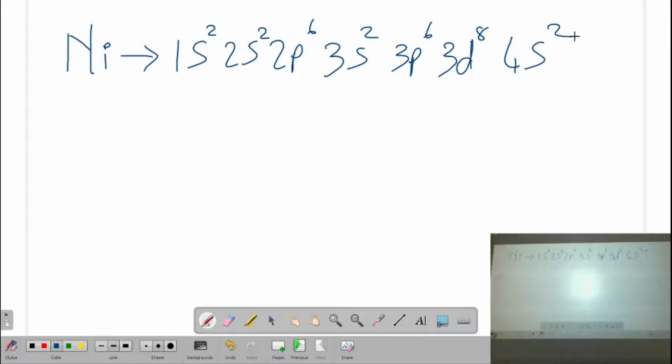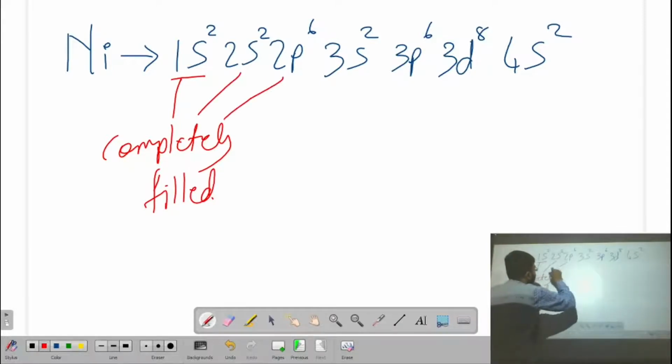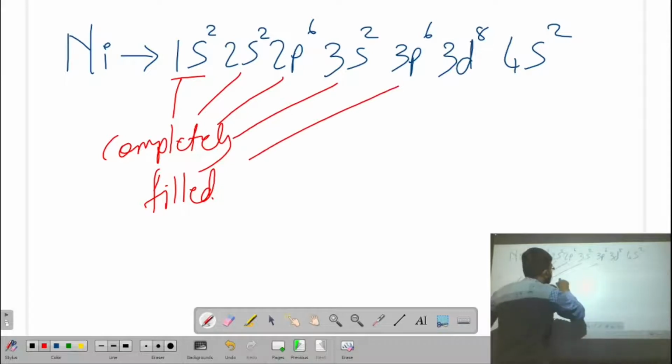Now think about this: these cells are completely filled. All these cells are completely filled.